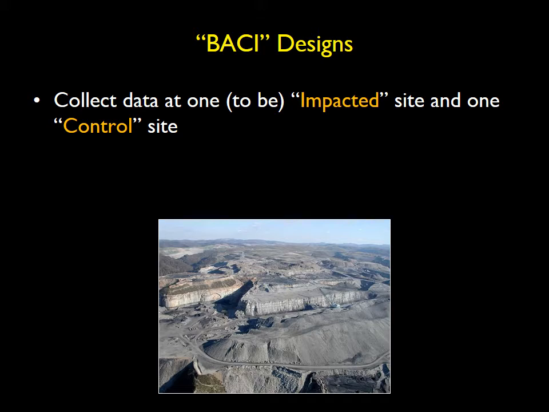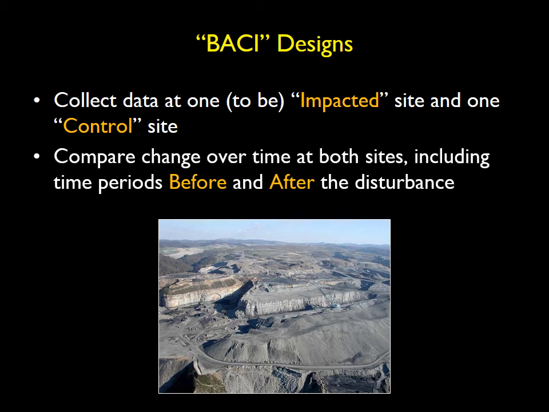So the BACI design goes kind of like this. First, you have to determine an impacted site, a site that is going to experience some sort of change, and then a control site, one that will not experience that. So then the idea is that you collect data beginning before the disturbance and proceeding to after the disturbance, and then you examine the extent of change over time at both sites.